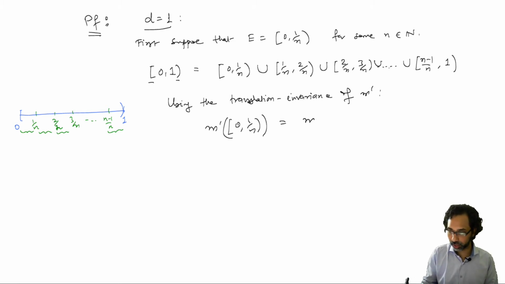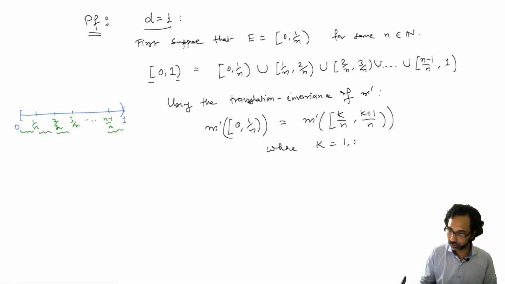is equal to m prime of any set k by n, k plus 1 by n, where k ranges from 0 up to n minus 1, because it is just translating by this number k by n.